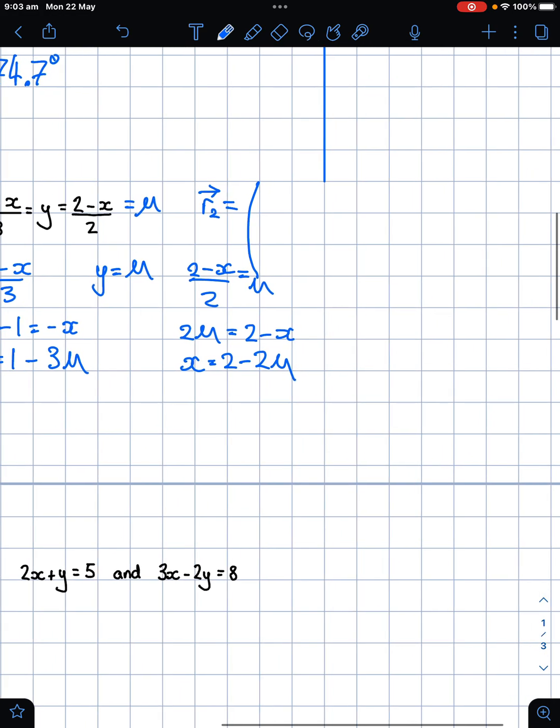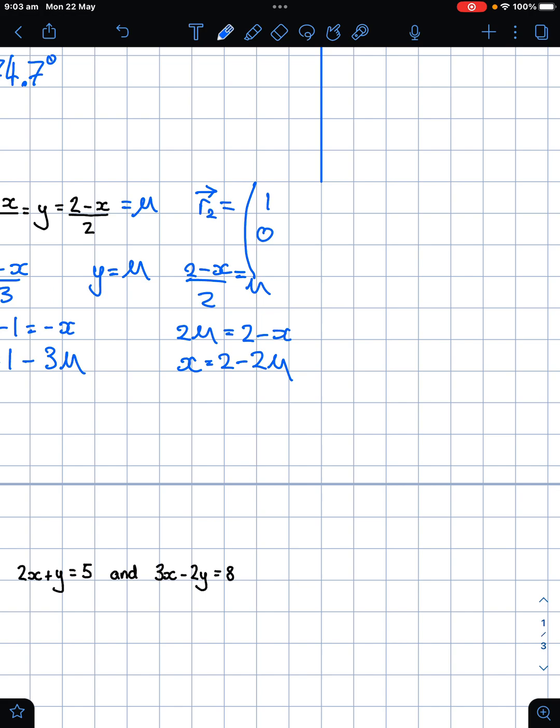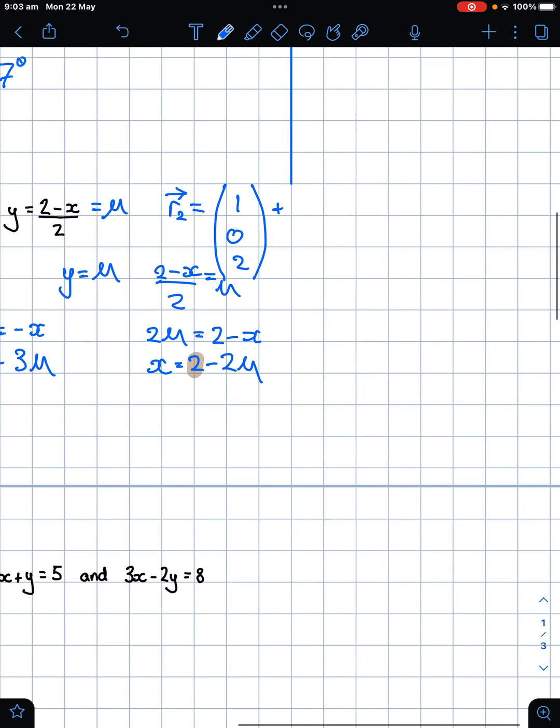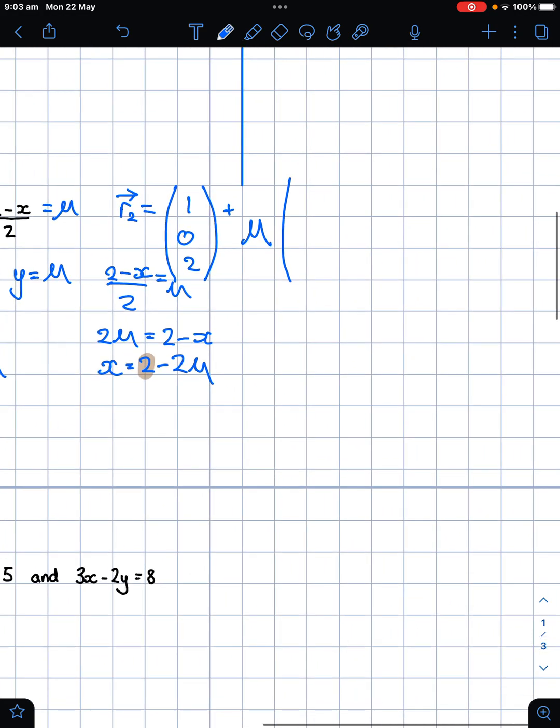So we can put these values in now. We've got 1, 0, and 2 from my calculation. Y doesn't have a constant there. Then plus mu, and our direction vector is negative 3, 1, and negative 2, which is B2.